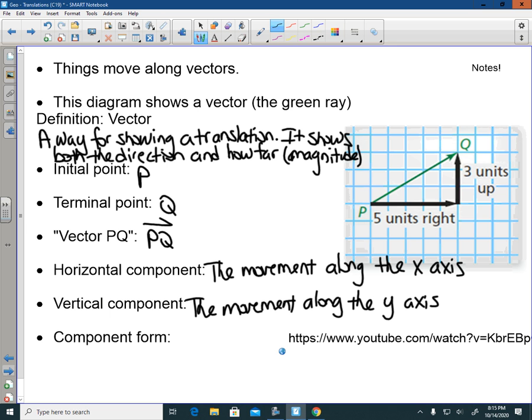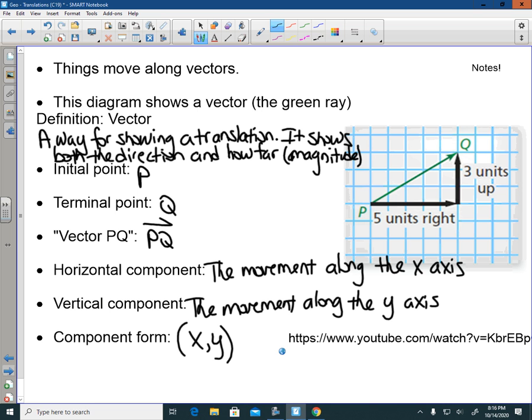And then when we put these two ideas together, we call it component form, and it has its own notation as well. We'll have our horizontal and our vertical component. In other words, how far it moves in the x direction, how far it moves in the y direction, but we don't want to wrap it up with parentheses.